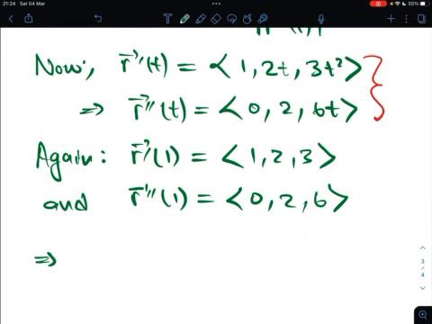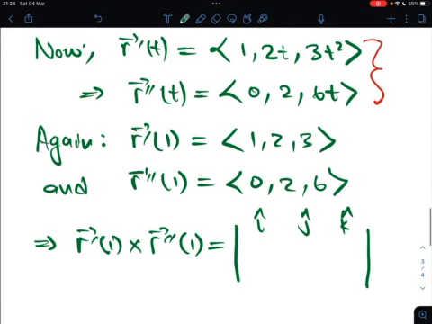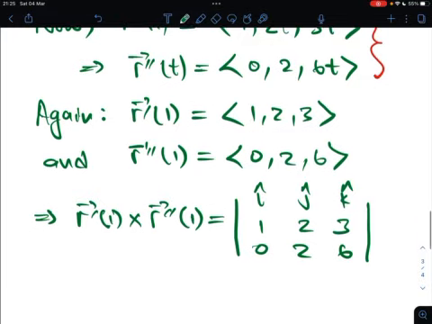It implies that the cross of r prime of 1 crossed with r double prime of 1 is equal to what? We know that the cross is defined using determinant notation. It is the evaluation of this determinant where the second row is taken by r prime, which is 1, 2, 3, and the last is given by r double prime, which is equal to that.